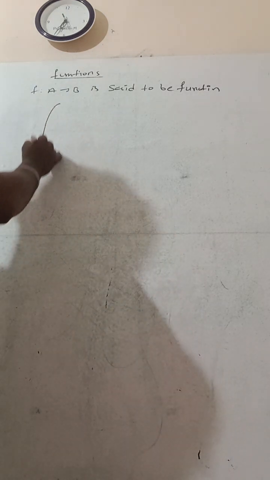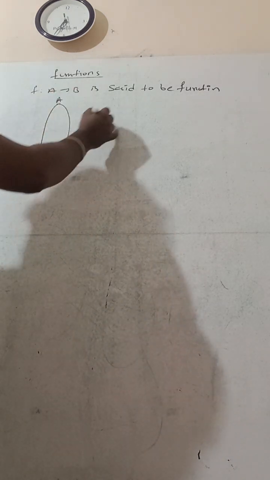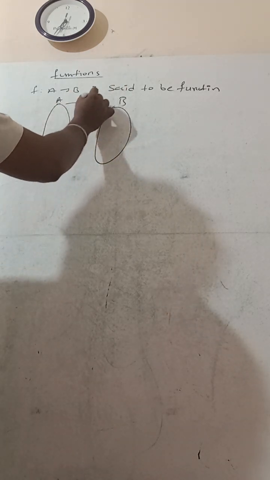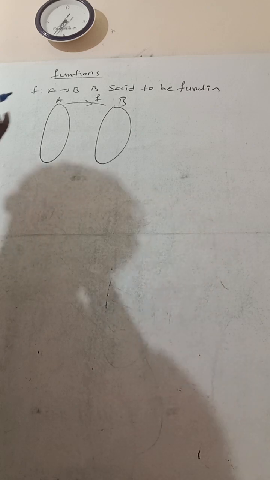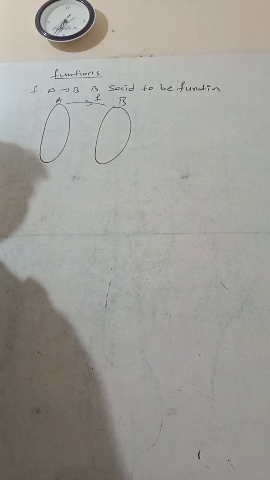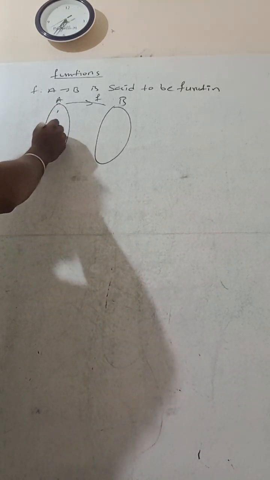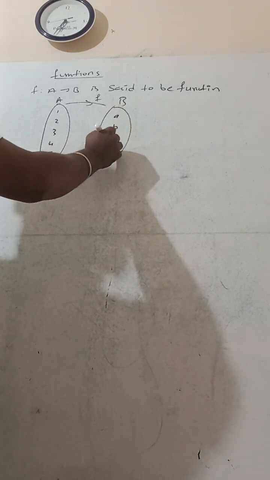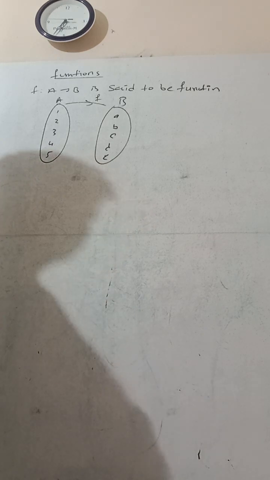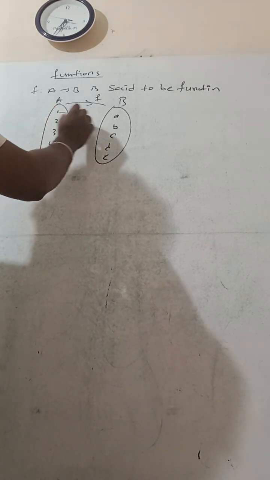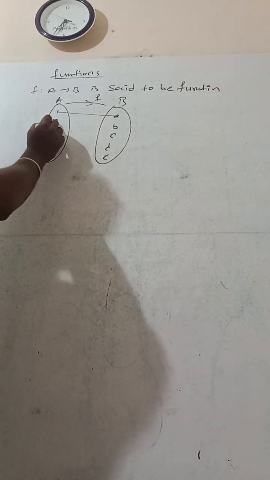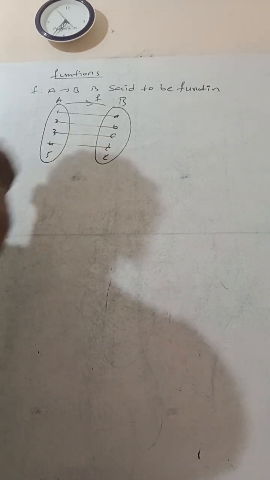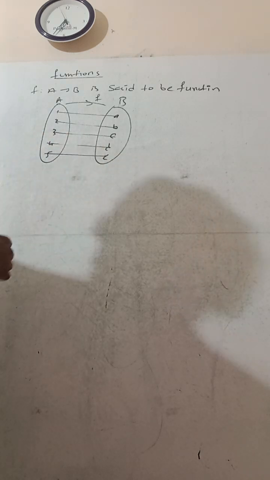For example, I am taking here this is A and this is B, and this relation is f. To show when this relation is a function, I'm taking 1 2 3 4 5 in A and a b c d e in B. Now 1 goes to a, 2 goes to b, 3 goes to c, 4 goes to d, and 5 goes to e.